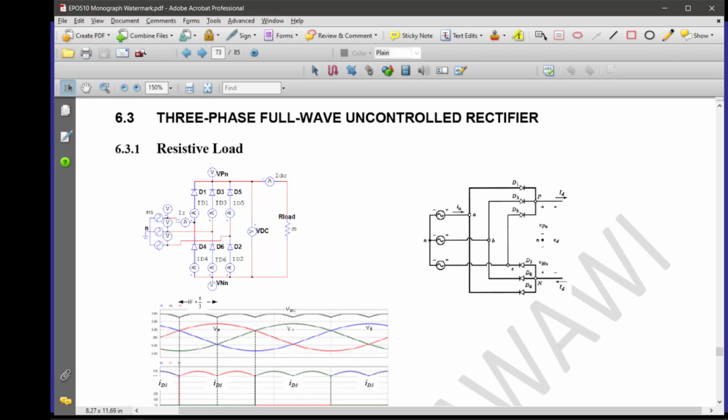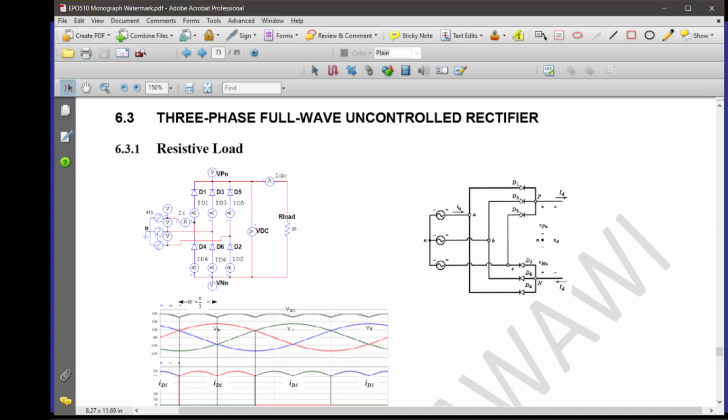So that's why if you refer to the textbook and notes, mostly all of them will label in such a way. We have this D1, D3, D5, D2, D4, D6. So you have to memorize the labeling of the diode.